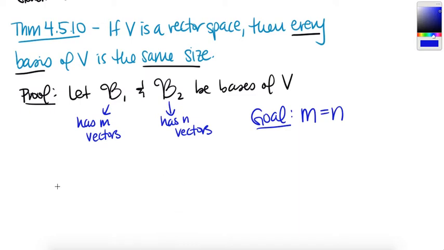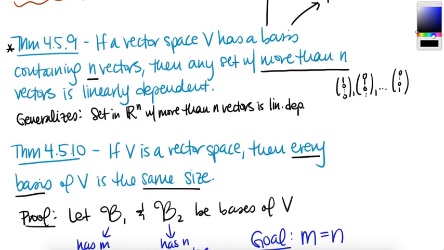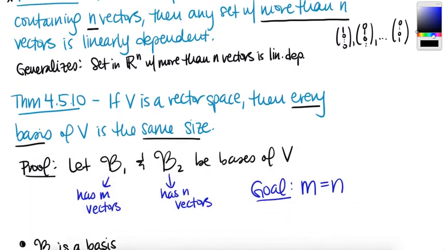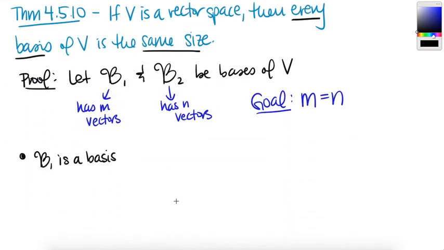So let's look at a couple of things here. B1 is a basis. And let's remember what two properties a basis had to have. It had to be linearly independent and it had to span V. And then up here, here's a theorem that talks about the size of a basis and dependency of a set. So that's a clue that we might want to use the linear independence here.